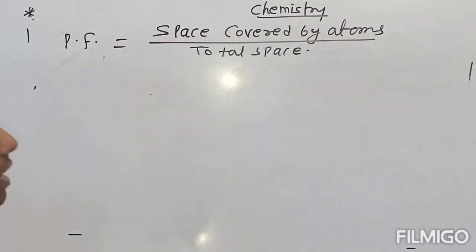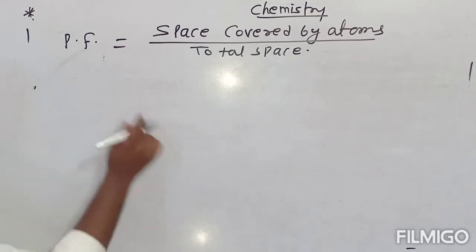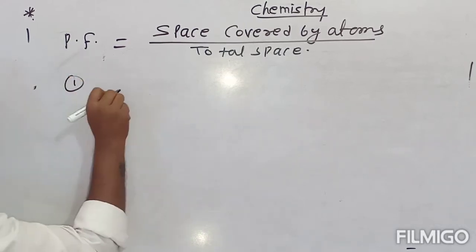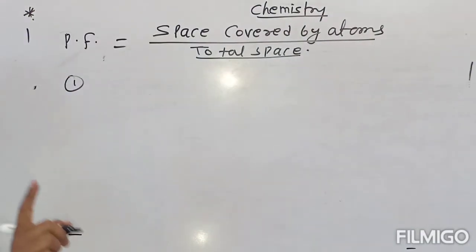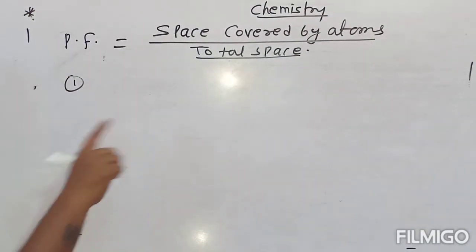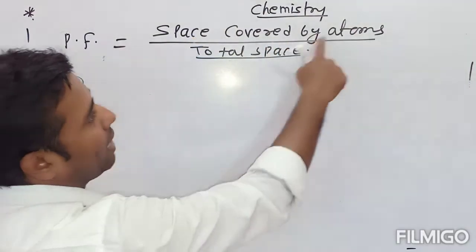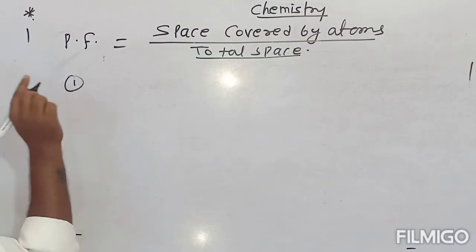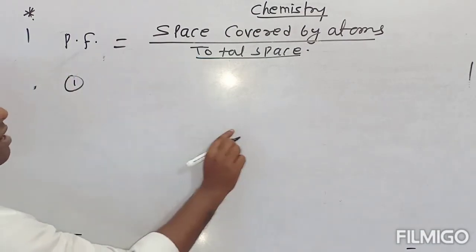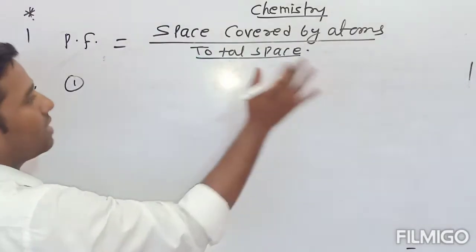Hence, in the case of hexagonal closed packing, my first case is how to find the total space, that is the total volume of the hexagon. And then the second topic is the space covered by the atoms. So the first topic is how to find the total space, that is the volume of the hexagon.